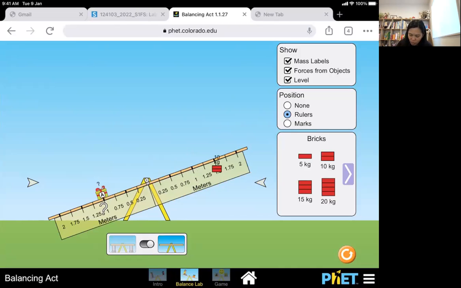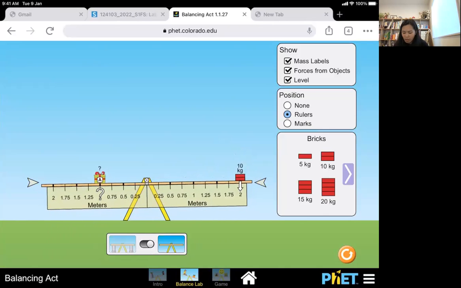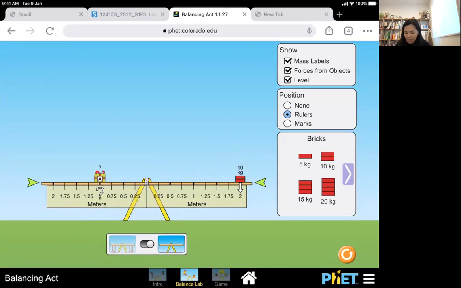Yeah, so if you put the 10 kilogram mass closer to the pivot point, it cannot offset the imbalance there, and if you put it farther away, say 1.5, it's still not balanced. Try to put it at the extreme, and you see there, okay, it's balanced. So that means a 10 kilogram mass with a lever arm of 2 meters balances out mystery object A that has a lever arm of 1 meter.